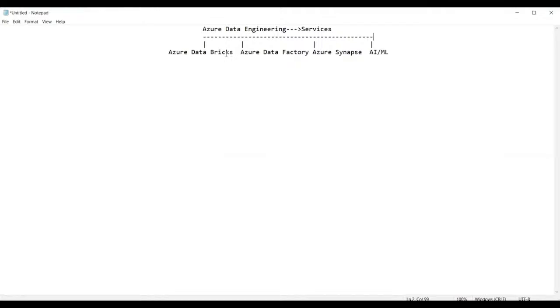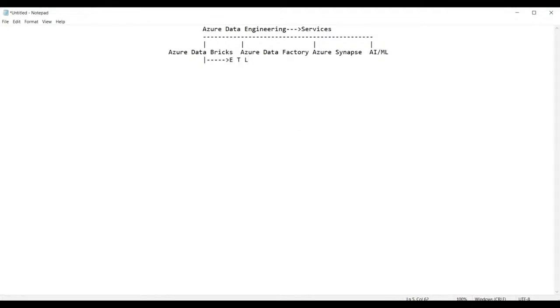Now, guys, what is Azure Databricks used for, and what is its purpose? This service called Azure Databricks is provided by Microsoft to perform the job of ETL. What is this ETL?